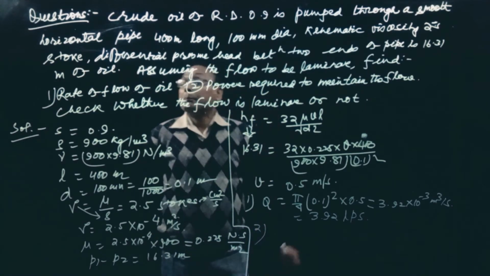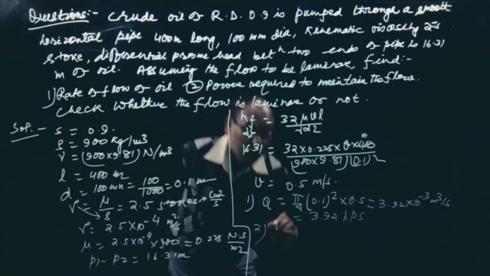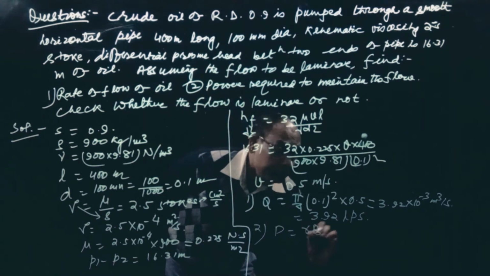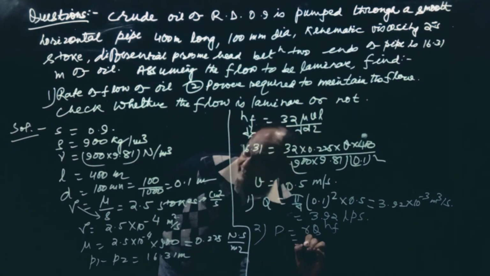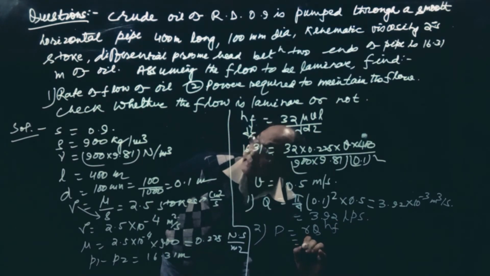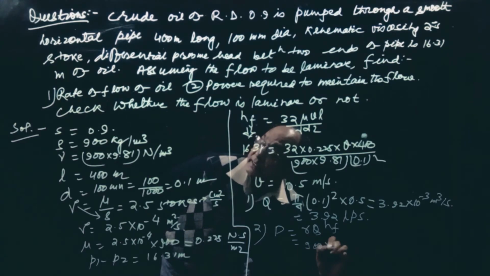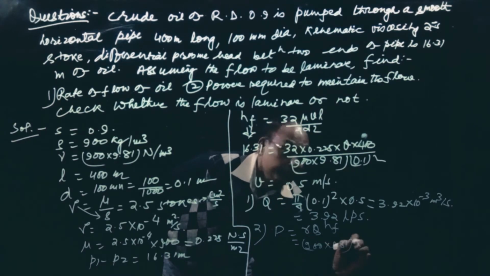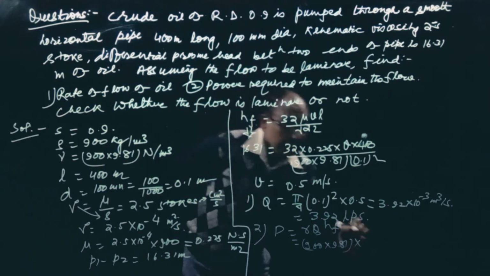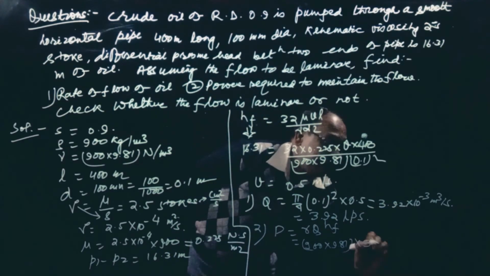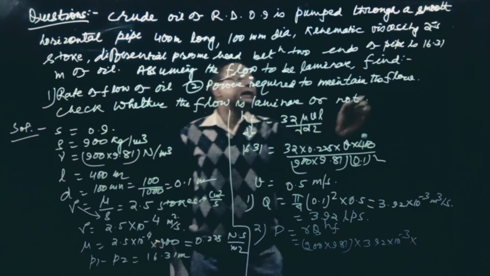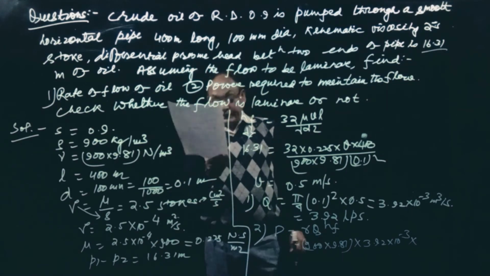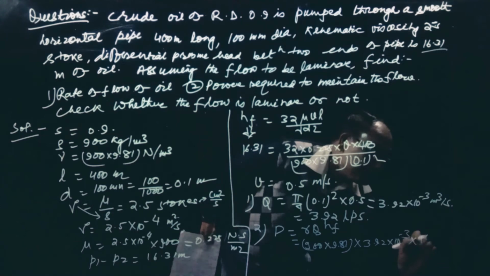Second part, power required to maintain the flow. Power will be gamma Q hf. Gamma is the weight density, 900 into 9.81, into Q, 3.92 into 10 raised to power minus 3, into hf, which is given as 16.31.